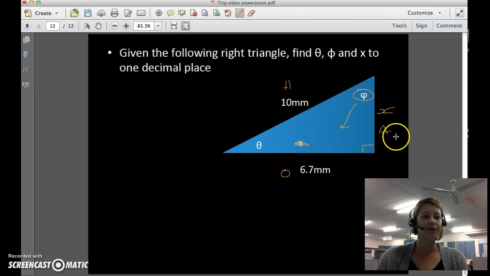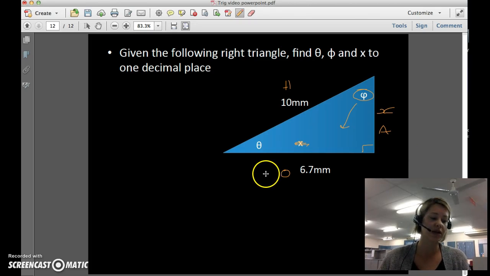Okay, so now again, I want to use the measurements that the question's given me so that I don't make any further mistakes. If you have to use information that you've calculated, then you have no other choice, but if you can avoid it, it's better. So now I have O and I have H, so I'm going to use sine.